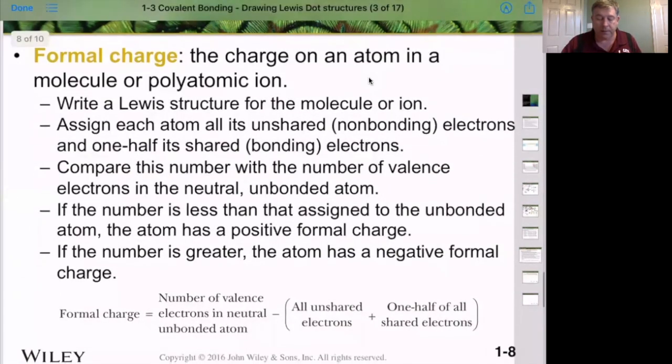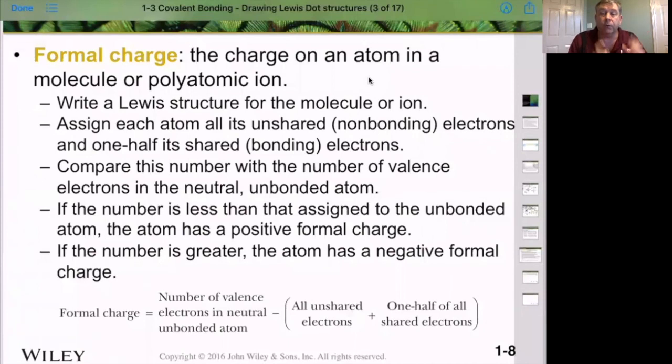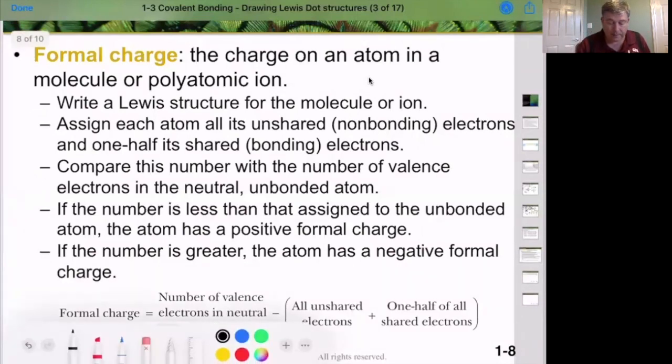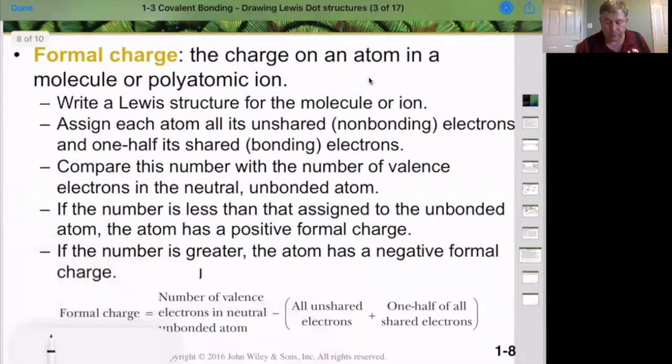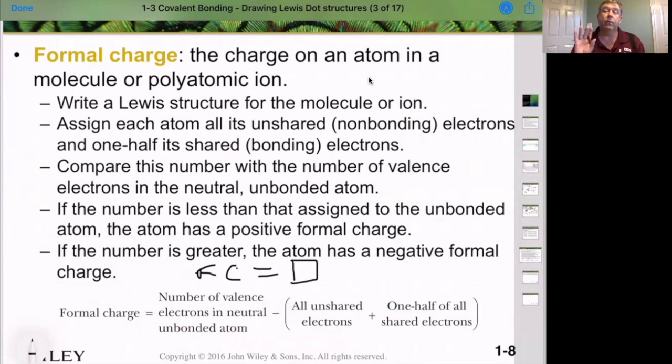And so the way we can think about that is that our formal charge is equal to the number of valence electrons in the neutral unbound atom, okay? So for example, if we had one carbon and 4 hydrogens, that is a total of 8 electrons. So you're looking at the total number of valence electrons in the neutral unbonded atom.